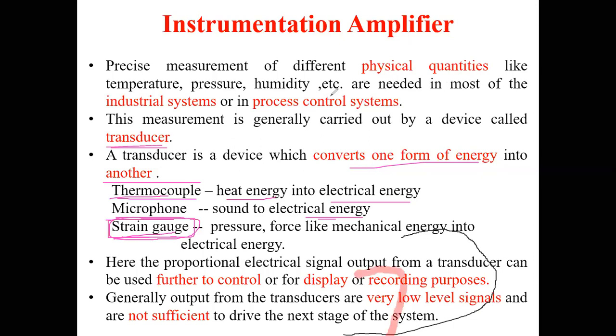In order to measure them, we use a device called a transducer, which converts one form of energy into another. For example, a thermocouple converts heat energy into electrical energy, a microphone converts sound to electrical, and a strain gauge converts pressure or mechanical force into electrical energy.